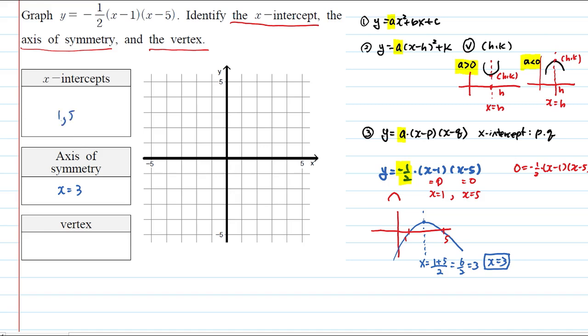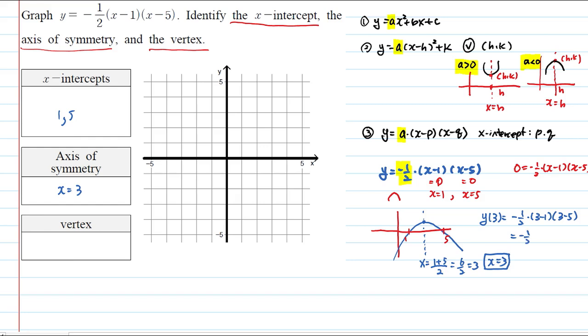So now our job is to figure out the vertex. To do that, we plug in 3 to find the y value. So y of 3 will be negative 1 over 2 times (3 minus 1) times (3 minus 5).